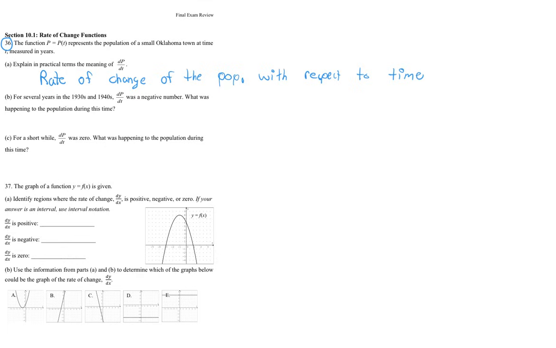Next, for several years in the 1930s and 1940s, dP over dt was a negative number. What was happening to the population during this time? It was decreasing, because if the change is negative, it's a decrease. For a short while, dP over dt was 0. What was happening to the population during that time? It was staying the same.